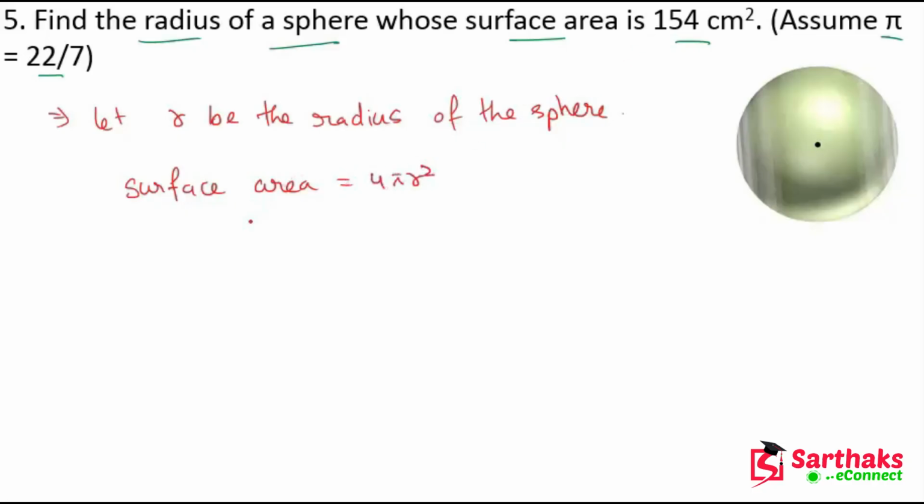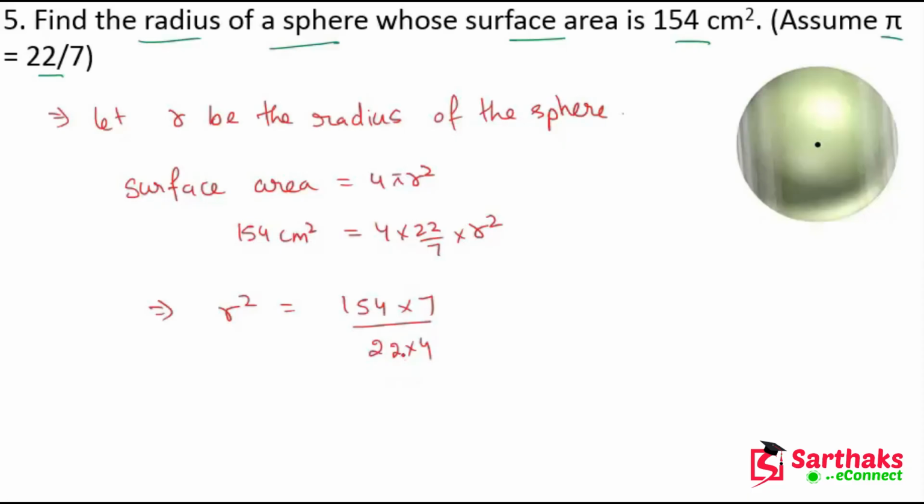And the surface area is 154 centimeter square. This is equals to 4 into 22 upon 7 into r square. Now from this we can easily find radius. So r square is equals to 154 into 7 divided by 22 into 4.